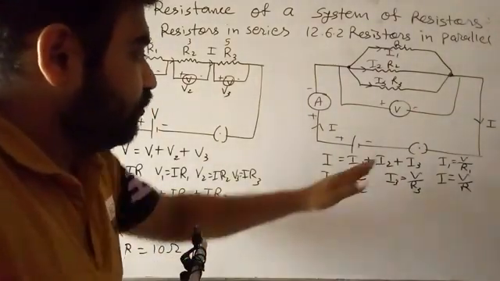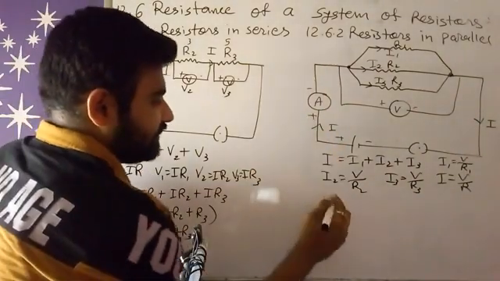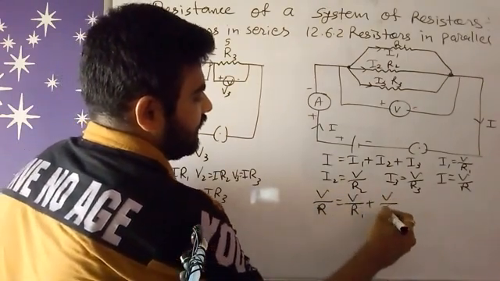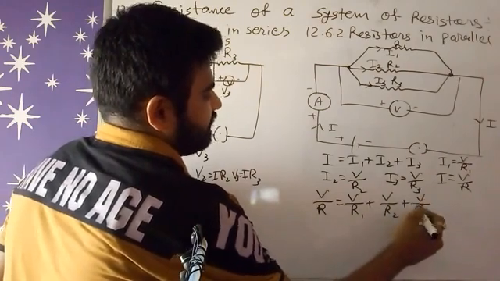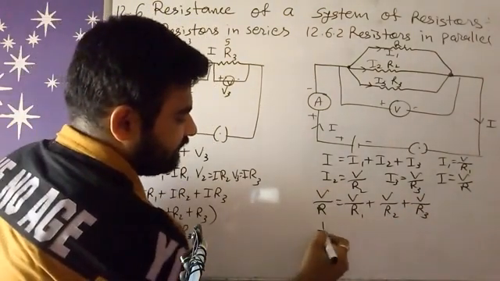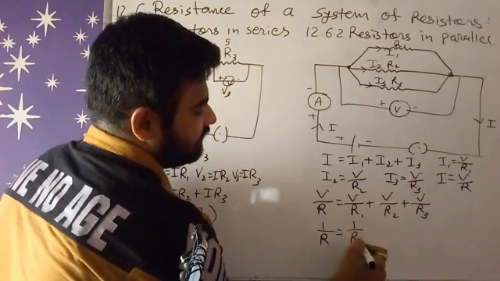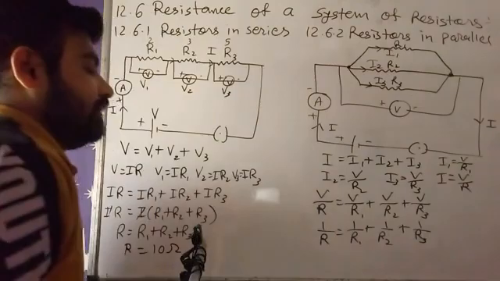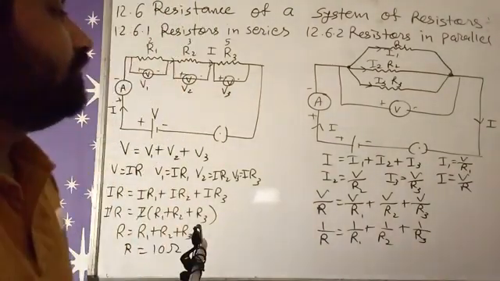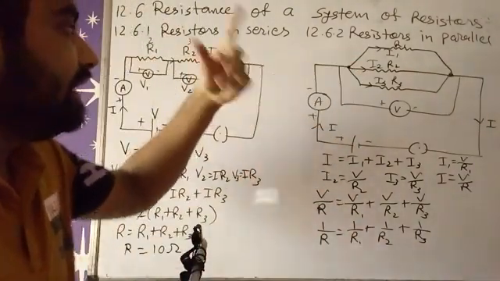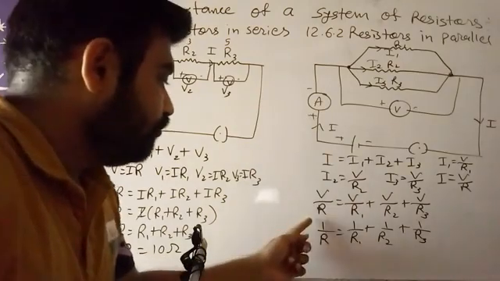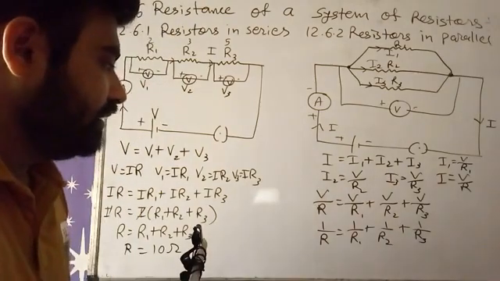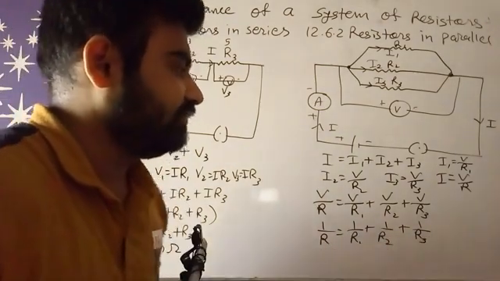Now put these into the main equation, and we get V upon R equal to V upon R1 plus V upon R2 plus V upon R3. V is common, V gets cancelled out, so we are left with 1 upon R equal to 1 upon R1 plus 1 upon R2 plus 1 upon R3.